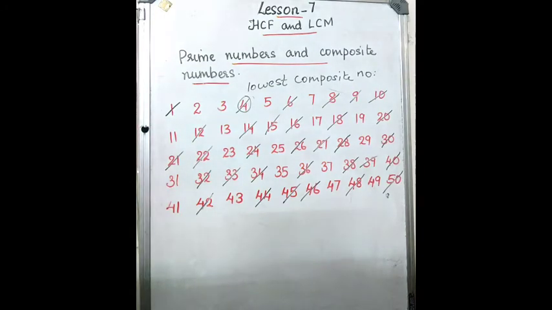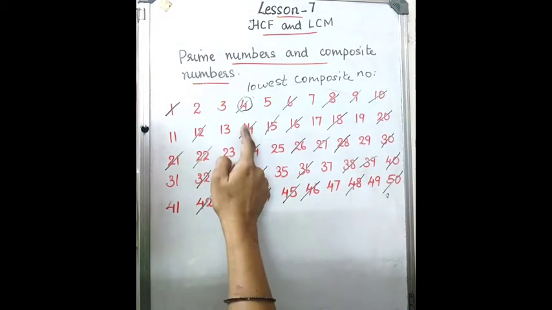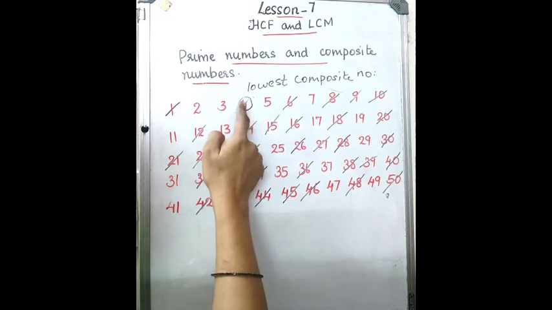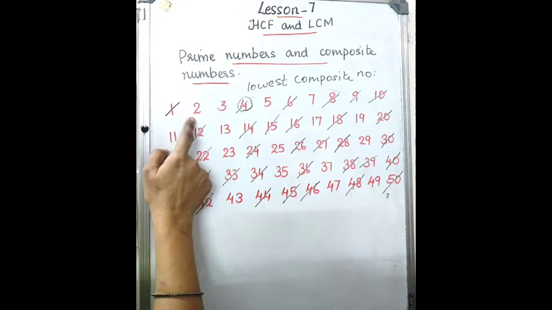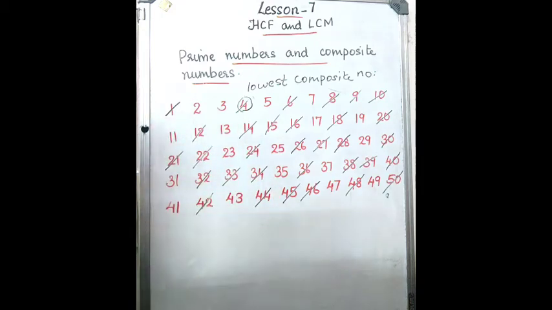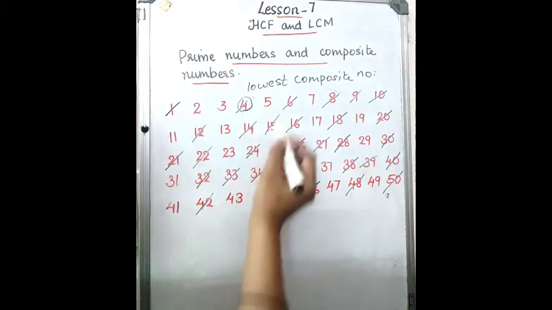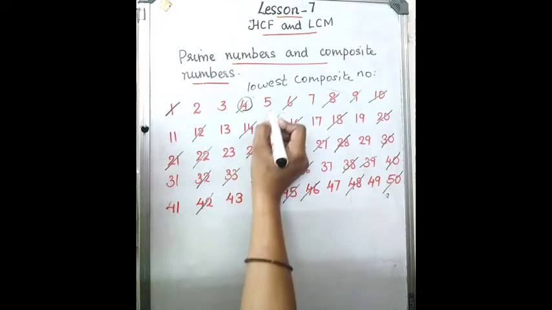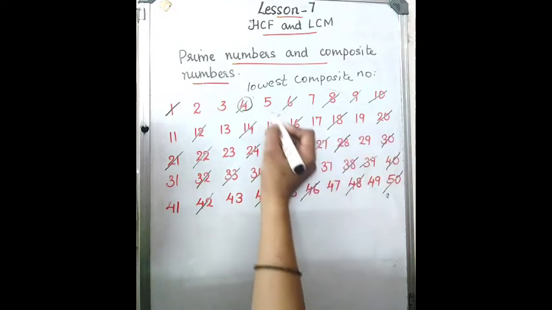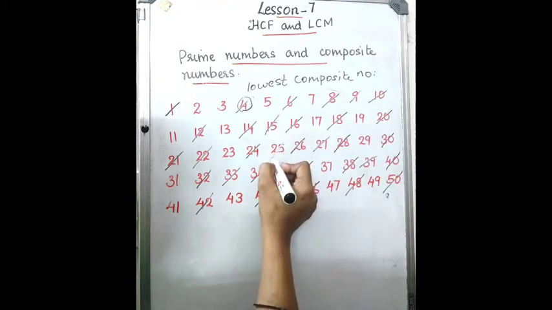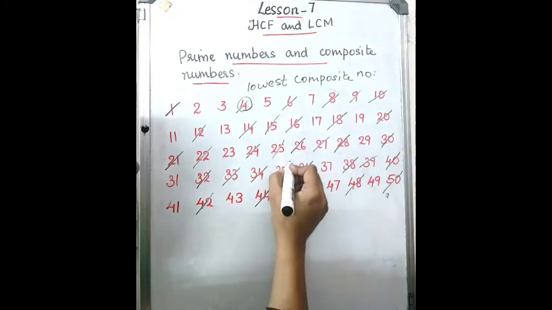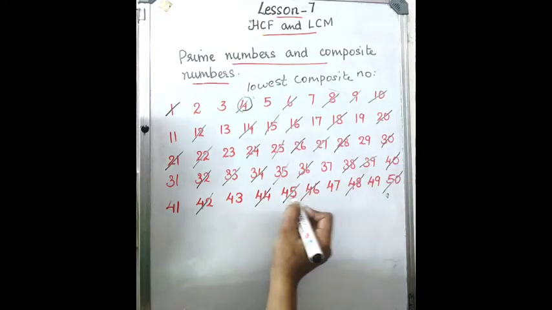So all the multiples of 3 are crossed. Then coming to number 4, all the multiples of 4 come under the multiples of 2. We have already crossed multiples of 2. Then coming to number 5: 5, 10, 15, 20, 25, 30, 35, 40, 45, 50.